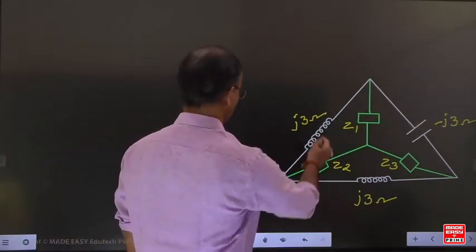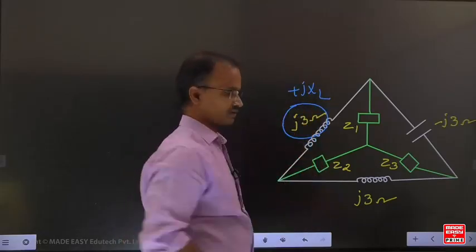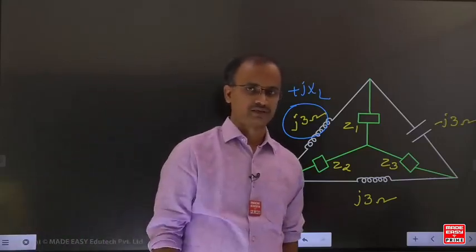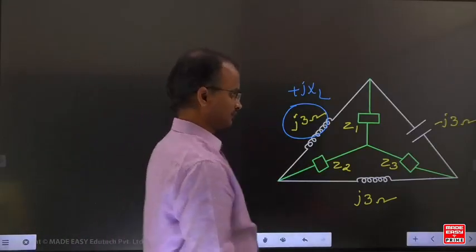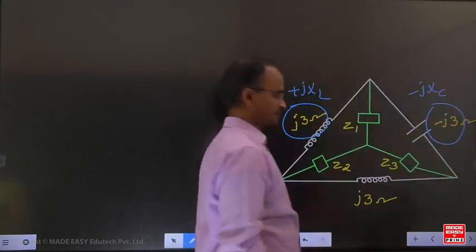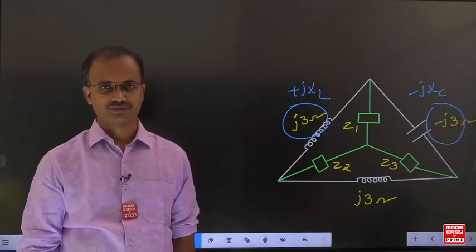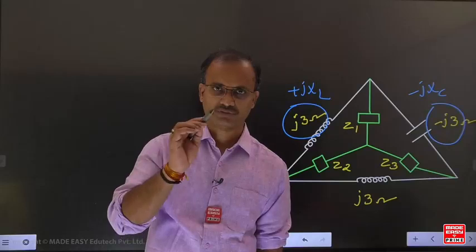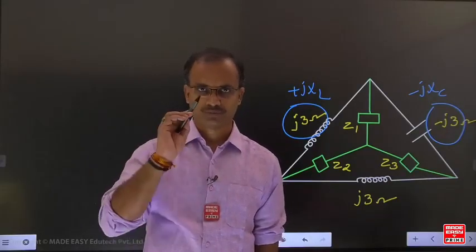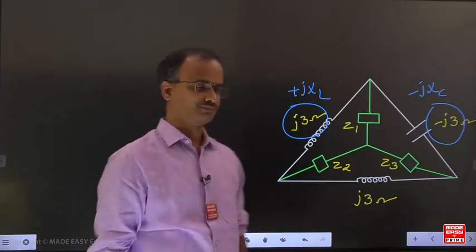In this example here inductive reactance is given. Carefully observe: here inductance is not given, inductive reactance is given. About the J, again we discuss very clearly in steady state AC circuits. For this example here capacitive reactance is given. What is the unit for this one also? Reactance also is in ohms. That's why the procedure we applied for resistance, the same logic we can apply for reactance also.